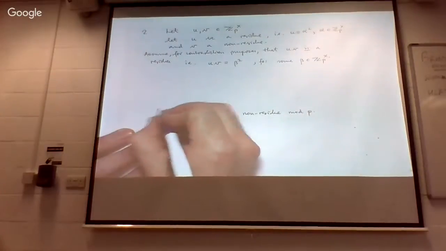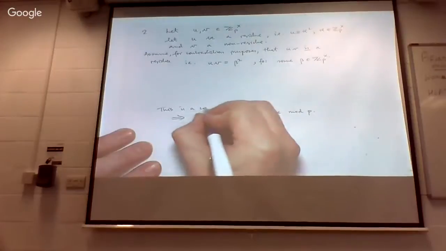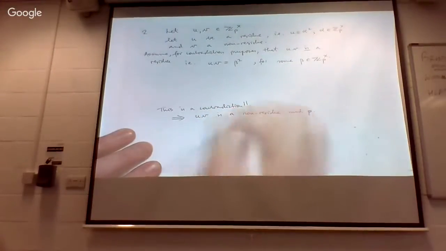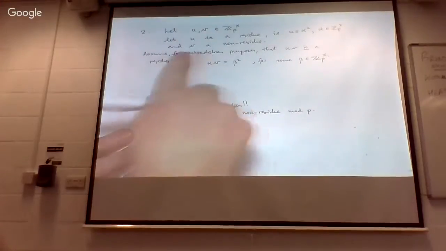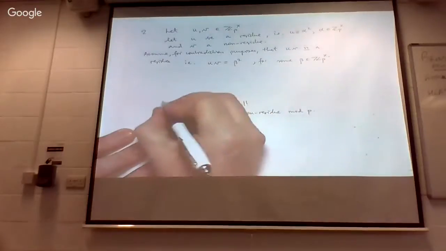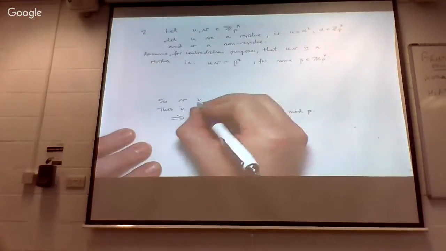So, proofs by contradiction finish by saying this is a contradiction. So that leads us to say that what we assumed here was wrong. So that gives us the desired conclusion. The thing we're going to contradict is we're going to somehow say V is a residue.